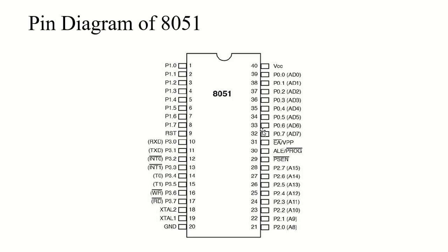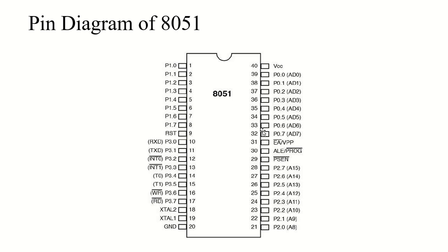The pins of port 0 can be used for both input and output purposes. Again, I'm telling you, to use these pins of port 0 as both input and output, each pin must be connected externally to a 10,000 ohm pull up resistor.